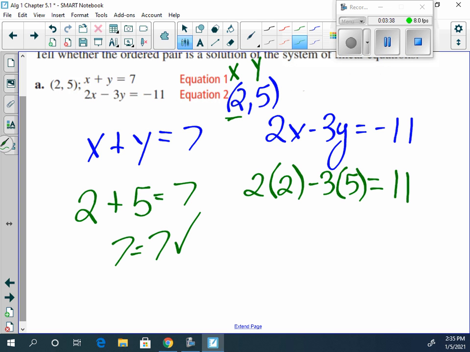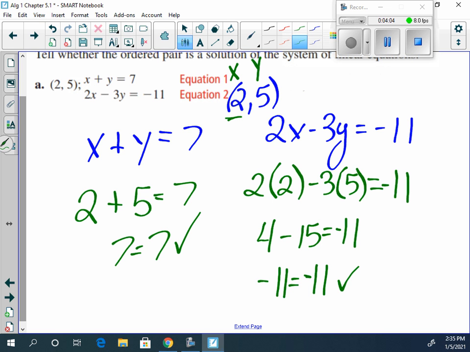Well, 2 times 2 is 4. 3 times 5 is 15. 4 minus 15 is negative 11. And negative 11 is equal to negative 11, yes? I just forgot to bring down the negative. So that's true.